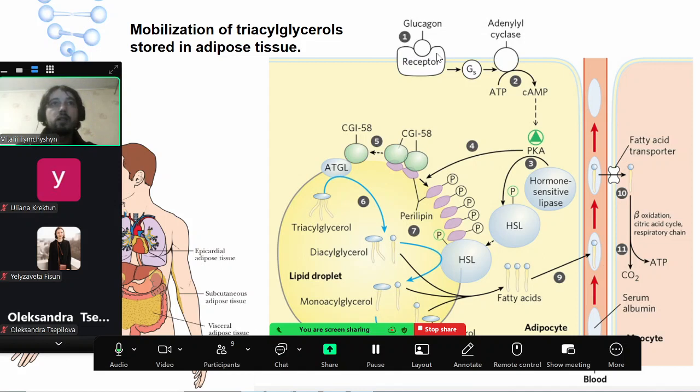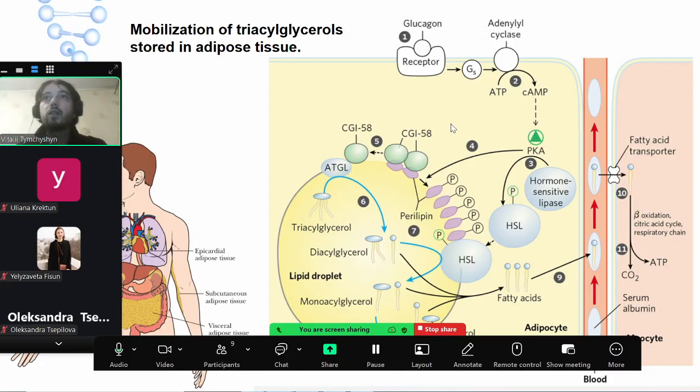Insulin is saying to your tissues that we have just eaten something, so guys, we have a lot of different useful stuff in the bloodstream, take it and store it. While glucagon says that we haven't had a meal for some time, but we need to do some work. So guys, if you have some storages of energy, maybe it's time to use them. And that's basically what's happening in here. So glucagon tells you that you have to mobilize some storages of energy.